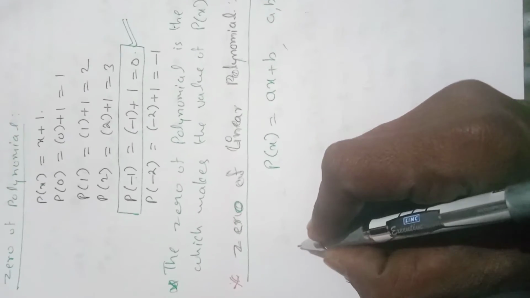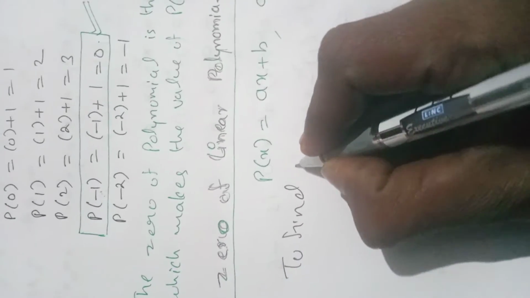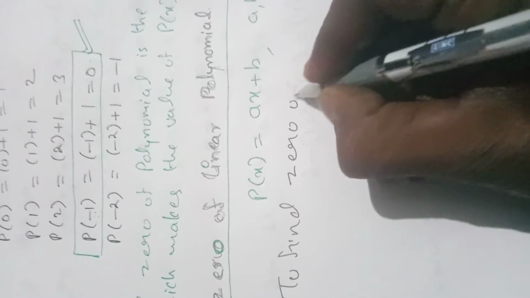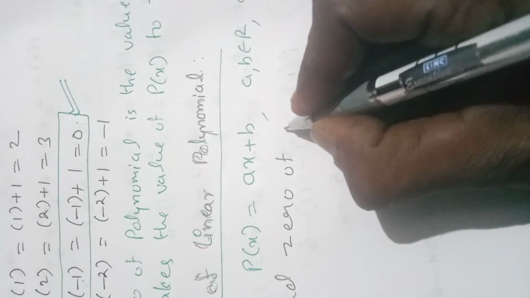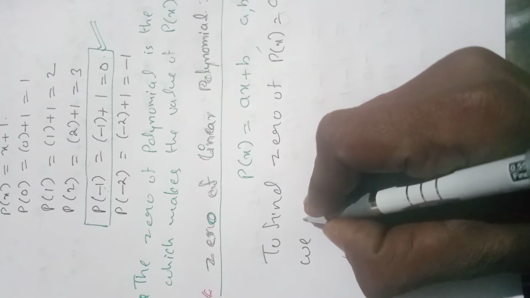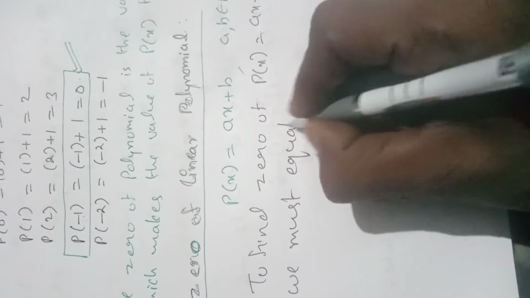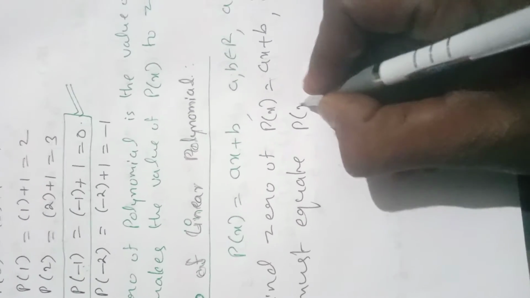So now I am writing: to find the 0 of this expression p of x equal to ax plus b, first we must equate p of x to 0.